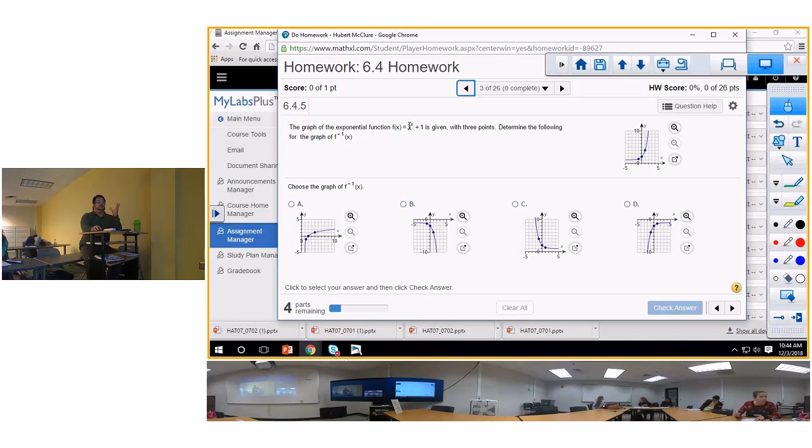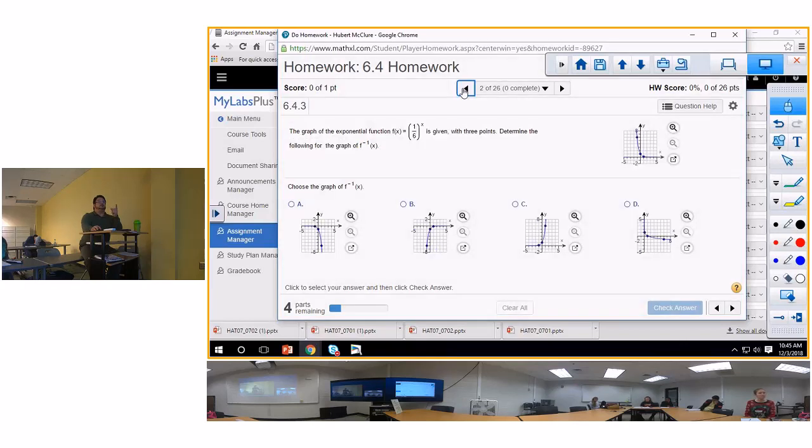What you should do is put this in the calculator, 3 to the x plus 1, and then go through and do your algebra. That'd be y is equal to 3 to the x plus 1, so x is equal to 3 to the y plus 1. X minus 1 is equal to 3 to the y. So I've got to change that into the logarithm and then punch that in. So that one you should be able to do. That's number 3. Let me look at number 2. Number 2 you should be able to do.